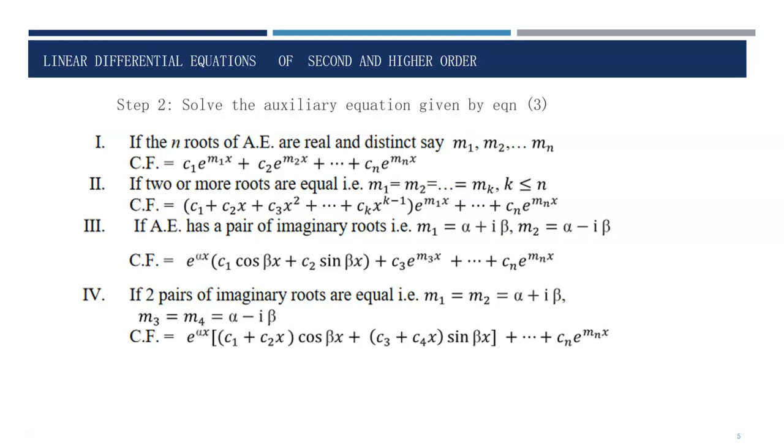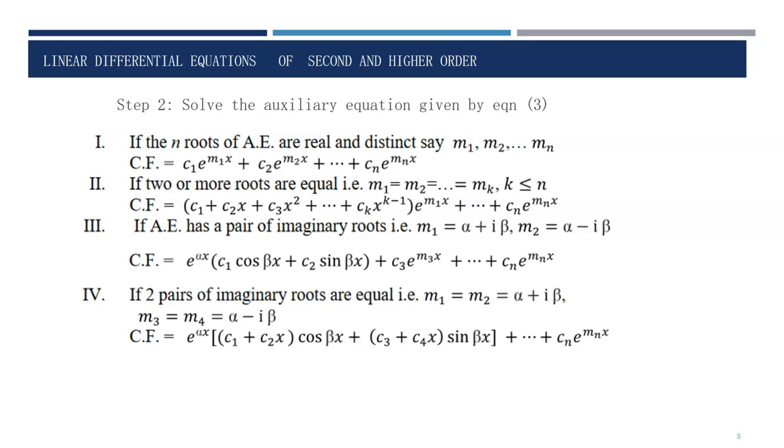Then the third case: if the auxiliary equation has a pair of imaginary roots, that is m1 equal to alpha plus i beta and m2 equal to alpha minus i beta, the roots are imaginary.